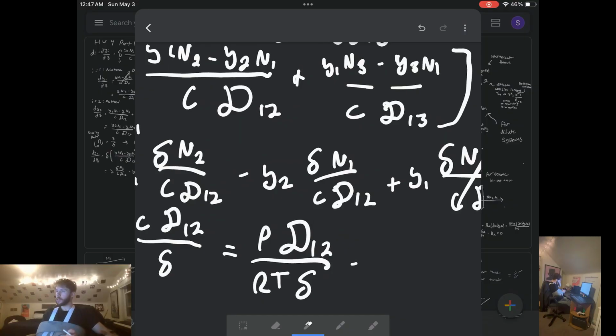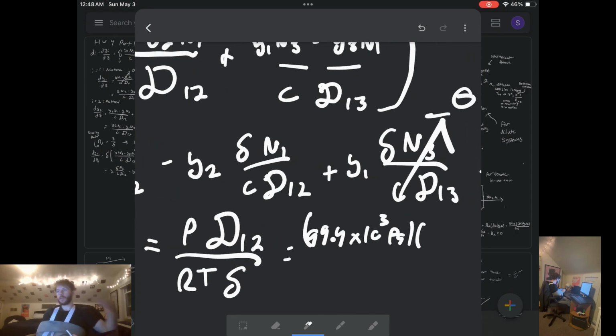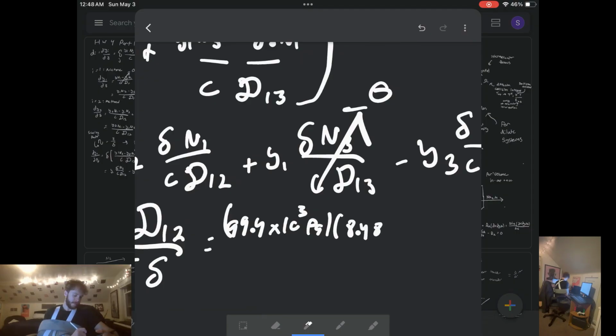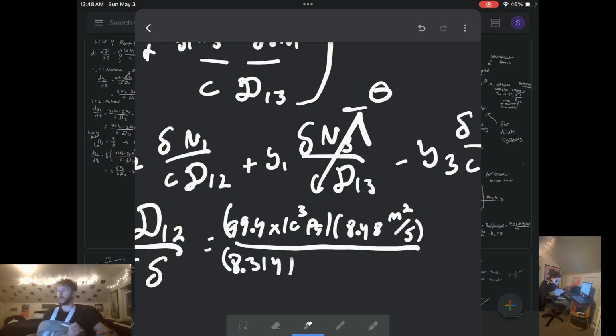So we have all these values. For our pressure, we said pressure is 99.4 kilopascals, so 99.4 times 10 to the third pascals, times our diffusion coefficient, which we said was 8.48 meters squared per second, divided by our universal gas constant, 8.314, times our temperature of 328.5 Kelvin, and then times the pipe length of 0.24 meters.